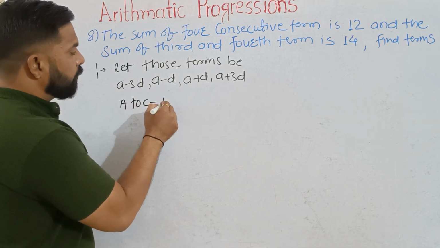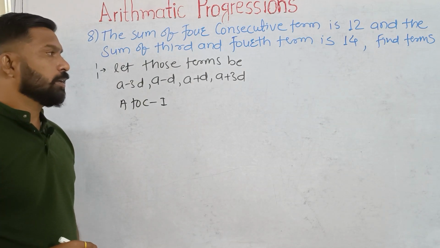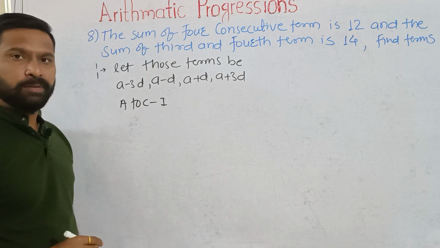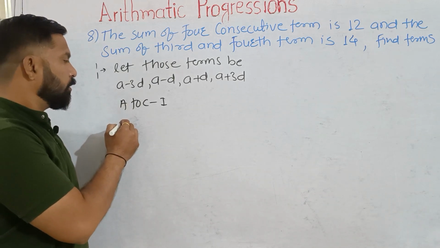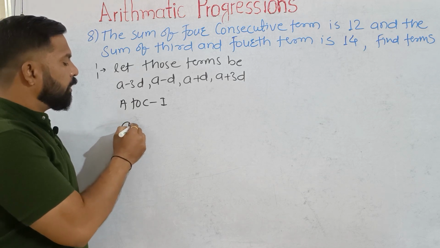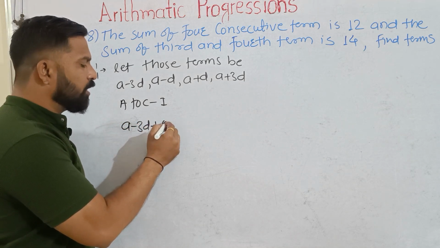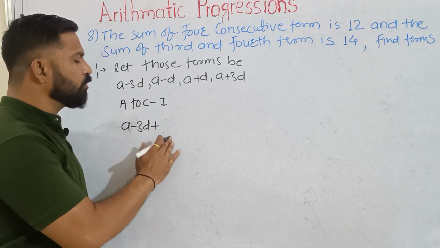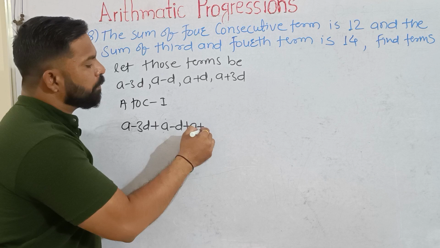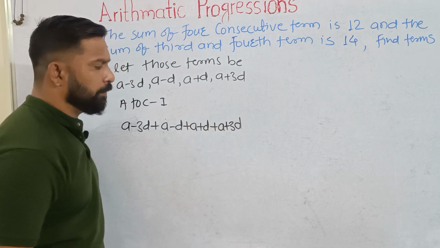According to the condition, what is condition 1? Condition 1 is that their sum is 12, right? So a minus 3d plus a minus d plus a plus d plus a plus 3d.